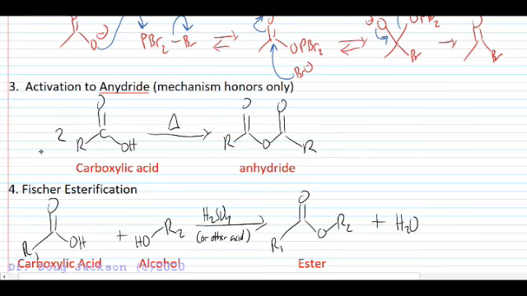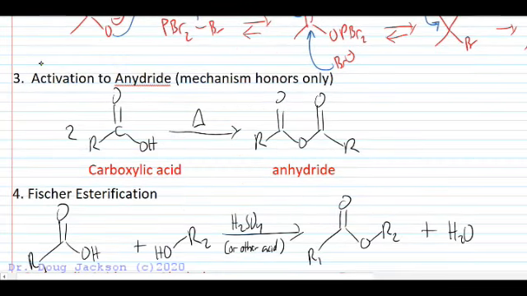Right, so we can also activate our carboxylic acid by reacting two carboxylic acids together and heating them. So in this particular setup with just heat, we would be distilling away the anhydride, whose boiling point should be much less than the carboxylic acid due to the lack of hydrogen bonding from these OHs that each of the carboxylic acids have.